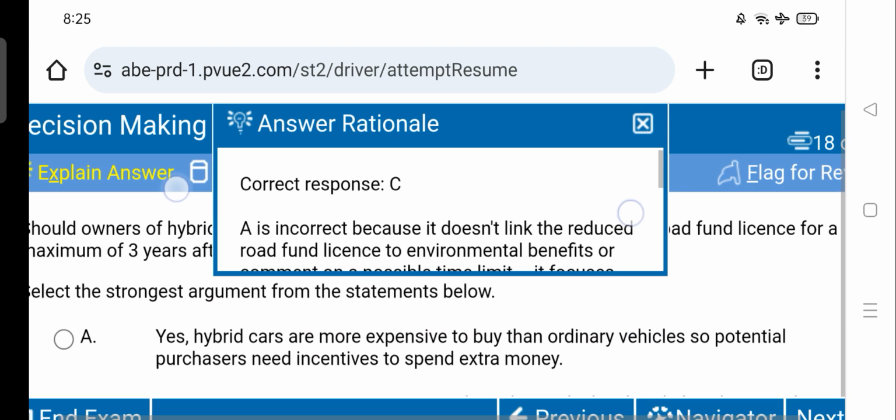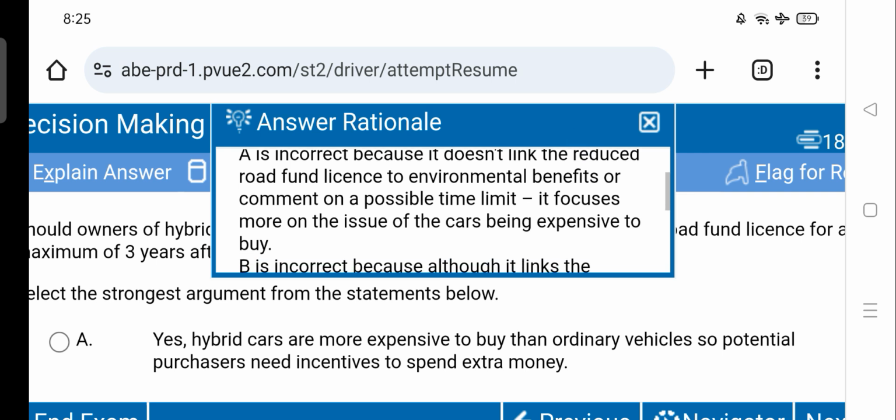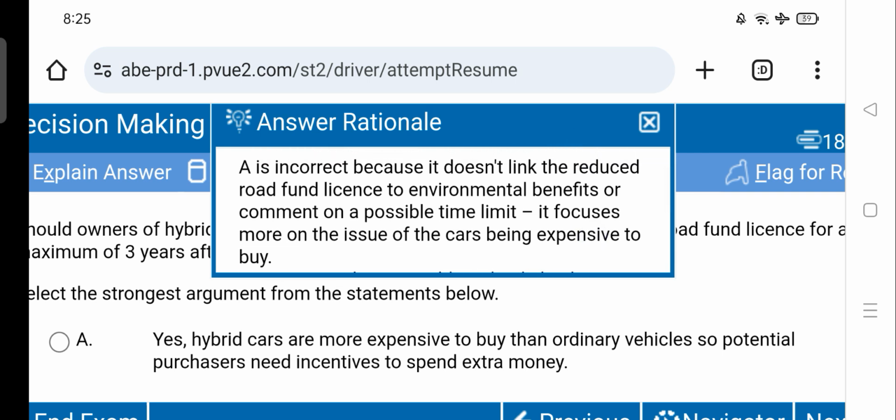So option C is the correct one, but let's see why the other options are incorrect. Option A is incorrect because it doesn't link the reduced road fund license to environmental benefits or comment on a possible time limit. It focuses more on the issue of the cars being expensive to buy.